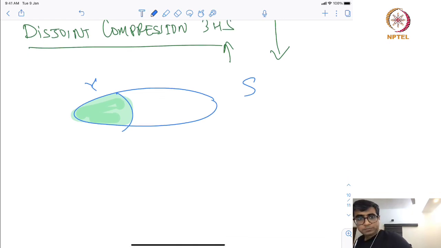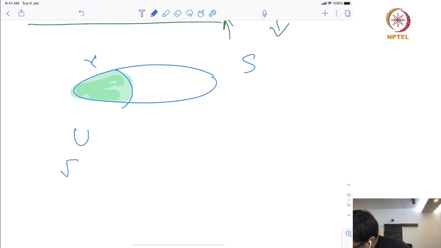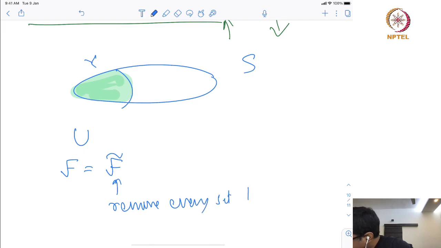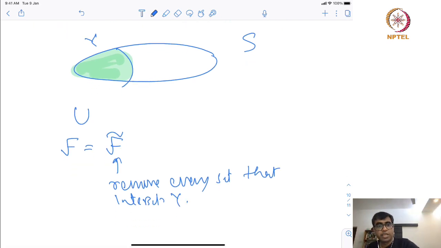And then what should I do? For graph problems we just deleted Y and solved the remaining problem on the remaining graph. But here I have decided to put Y, so given a family F, I make a new family F tilde and remove every set that intersects Y. Every set that any element of Y is able to take care of, you delete.